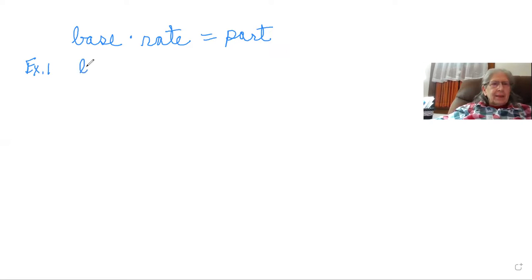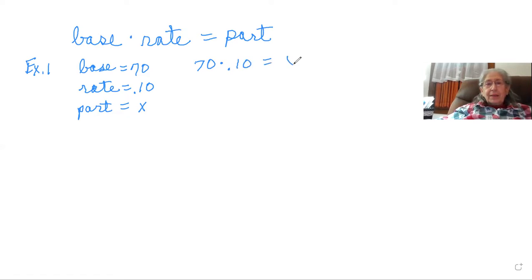If the base is 70, and the rate is 10%, and the part is unknown, you write down 70 times 0.10 equals X. And you multiply 70 times 0.10 and you get 7.